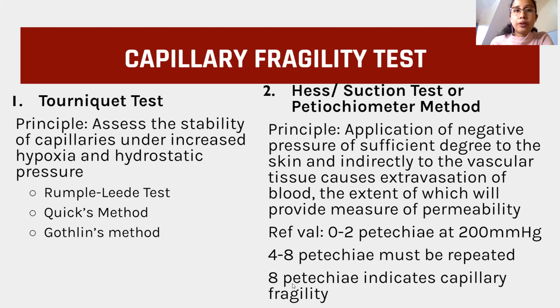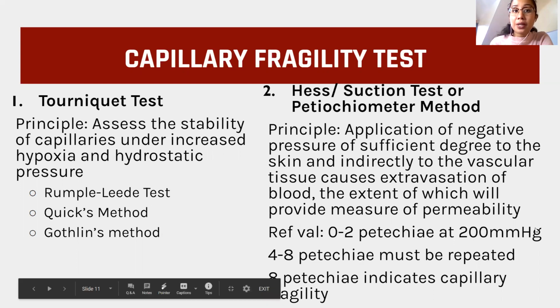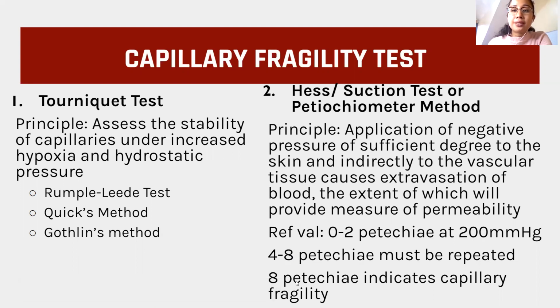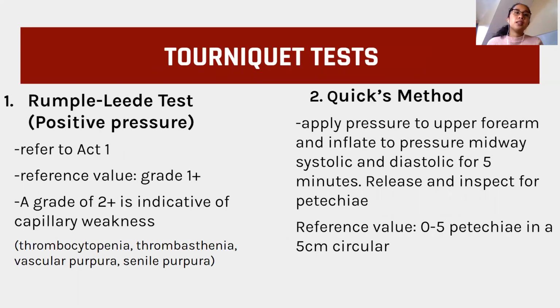So, if there is 0 to 2 PTK at 200 millimeters of mercury suction, so within the normal range ka pa. Pero pag 4 to 8, you have to repeat it. More than 8, it means that the capillary is already fragile. So, Rumpel-Leede. So, this is our activity 1.